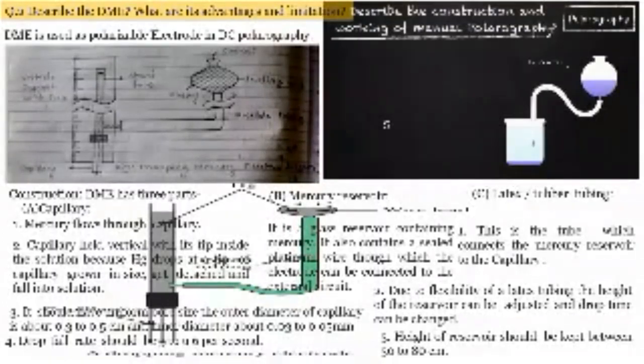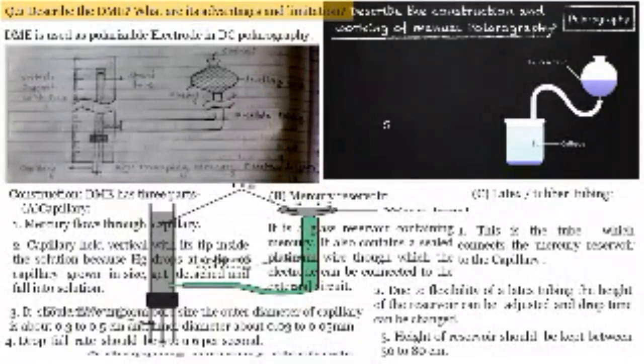The manual polarography consists of a reservoir containing mercury. Rubber tubing is attached to the reservoir, and at the end of the tubing a capillary is fixed. The drop of mercury falls through the electrolyte. This drop acts as the cathode, and the complete setup is known as the dropping mercury electrode.